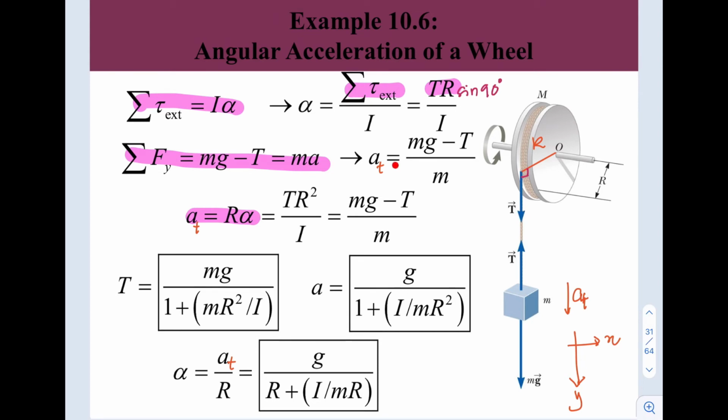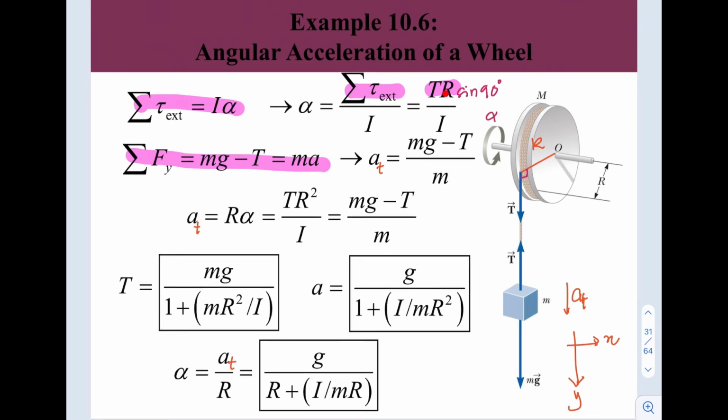So from here, rearrange: A or AT is equivalent to mg minus T over M. And not to forget that our A or AT here is equivalent to R alpha. And our alpha from here is TR over I, so dot with the R, you have TR squared over I. And from the translational motion of this block, AT is also equivalent to mg minus T over M.